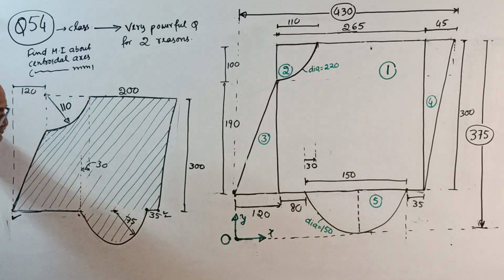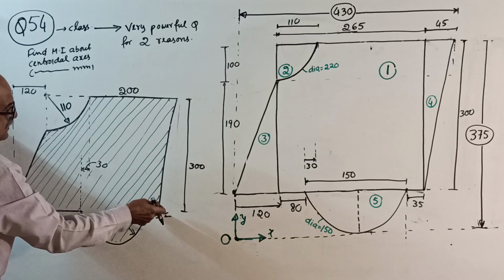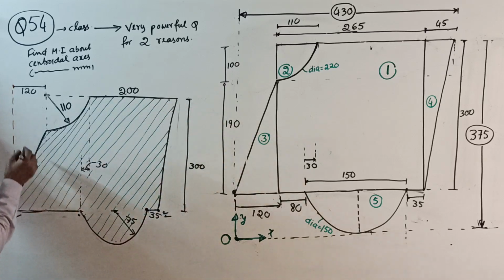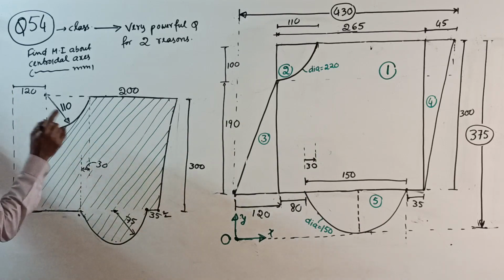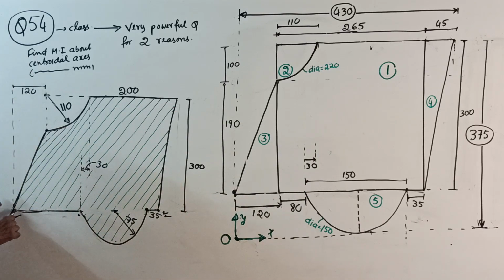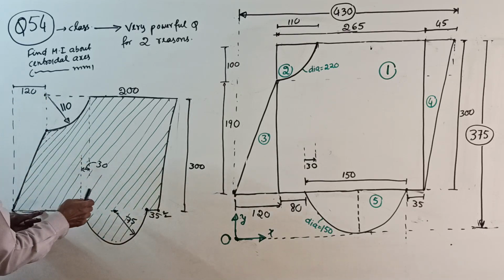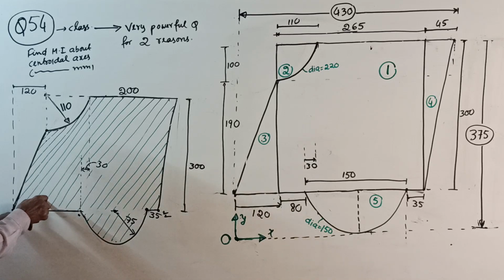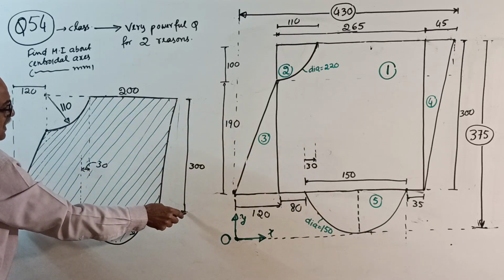You reached here. Now, here you can't go because it's inclined. Leave it for now. First, come to this point. How to come to that point? From here, you go right side by 120. Okay, you get a point. Then go vertically up by the total given 300.